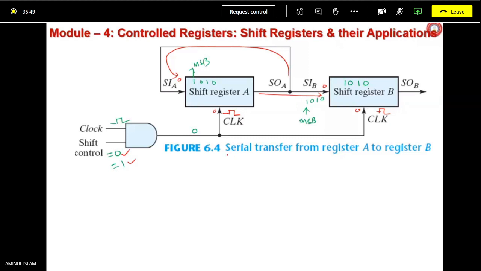It means after 4 clock pulses, A is going to have the same content as earlier. Is it understood or not? The feedback is given from SOA to SIA, serial output A to serial input A. What is going to happen? After 4 clock pulses, all the 4 bits will be stored again as they were earlier. Is it understood?